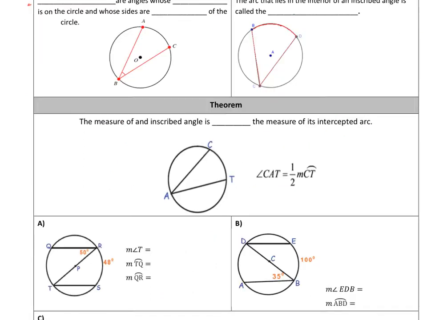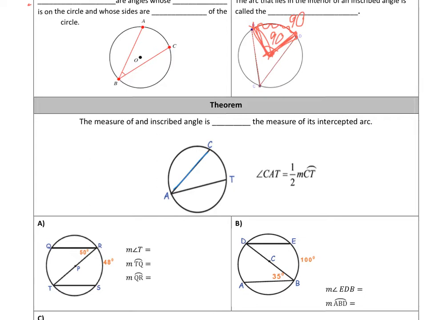Now, in the first section, when I dealt with central angles, it was easy because, for example, this central angle up here was the same measure as the arc. So if the angle was 90, then the arc was going to be 90. All right, but with these intercepted arcs and inscribed angles, the difference is that it doesn't stretch all the way across my circle.